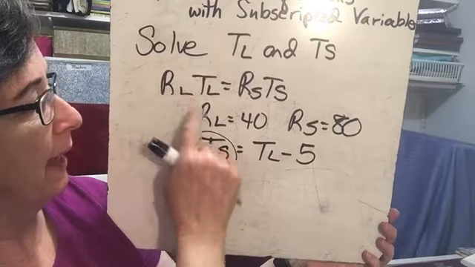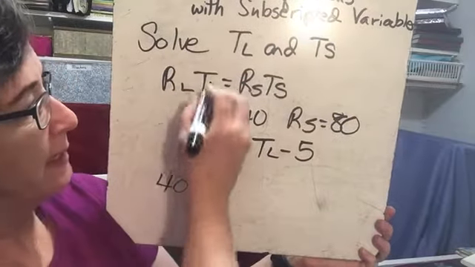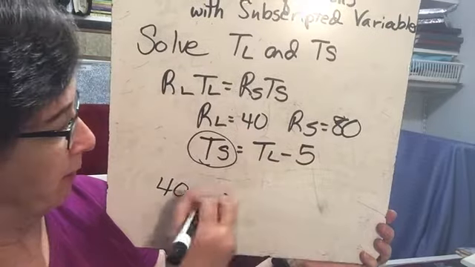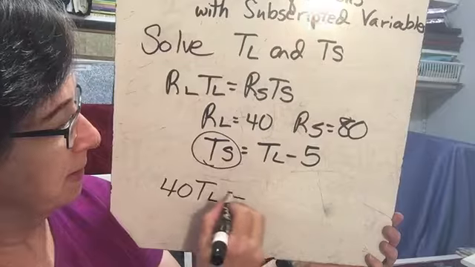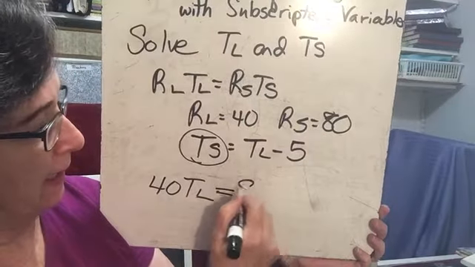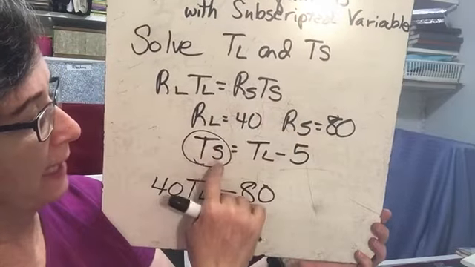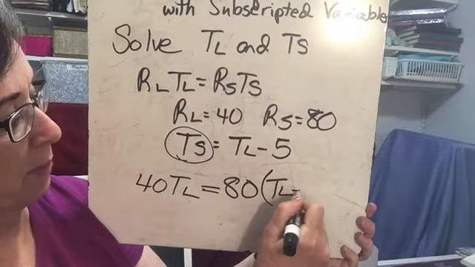So rate L is 40 times TL, we're going to keep the TL variable, equals rate S, rate of sis is 80, times TS, but TS is TL minus 5. So we're going to replace it with TL minus 5.